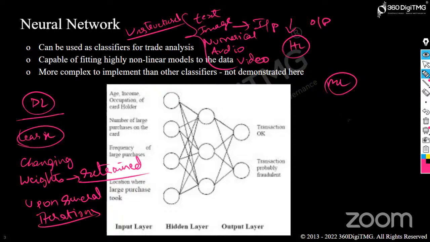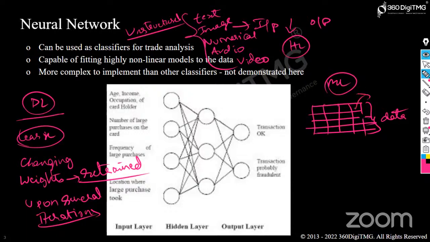Let me give you a simple example. First day we analyzed some data, and we understood that the shares are going high with the company. The second day also we analyzed and we understood that the shares of the company are going high.